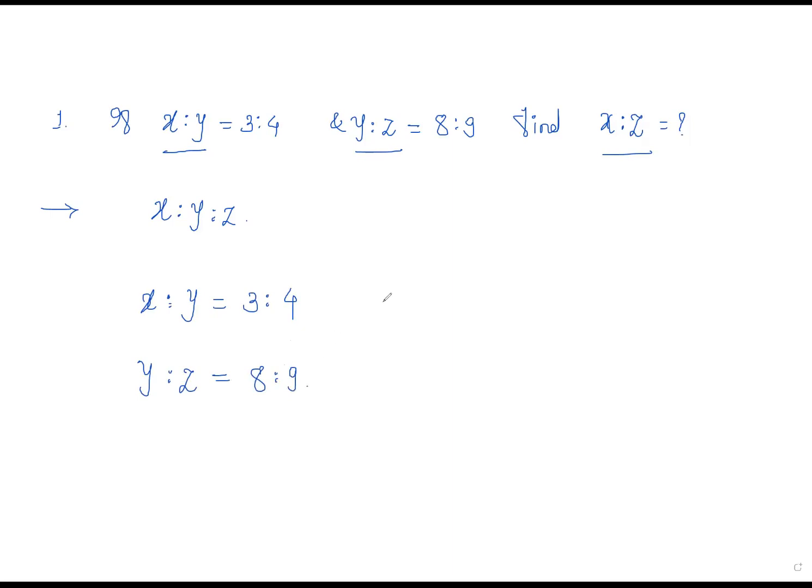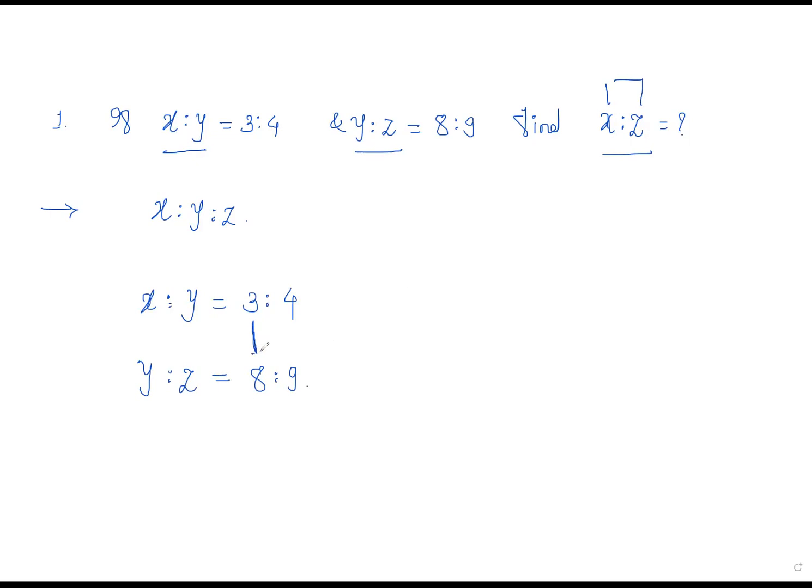I am sharing simple tricks with you to find the ratio between x and z or any terms. We have x is to y and y is to z, and we are going to calculate x is to z. So what to do first? Look at that.